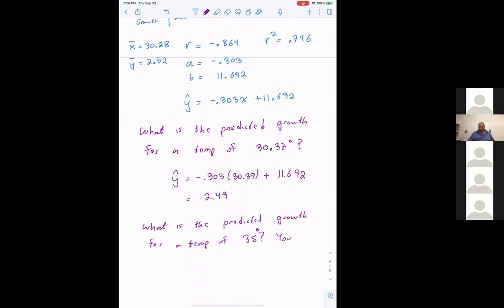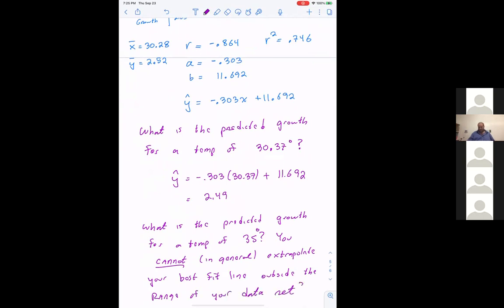You cannot, in general, extrapolate your best fit line outside the range of your data set.